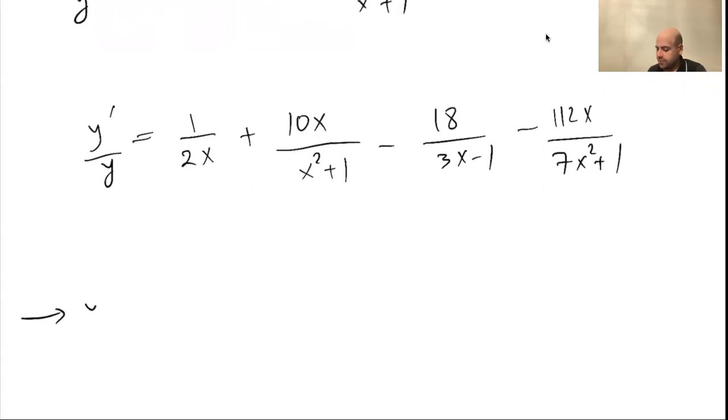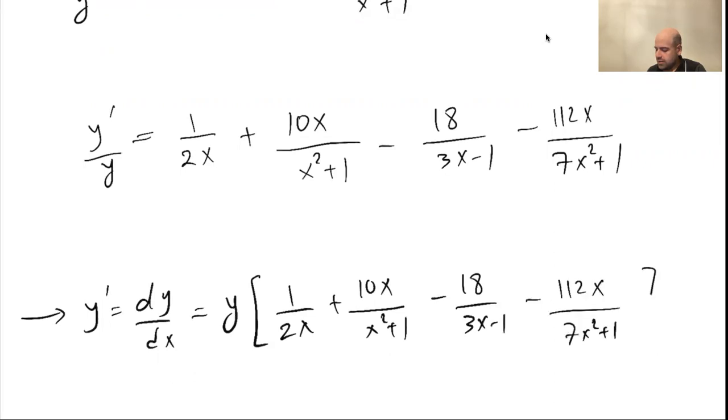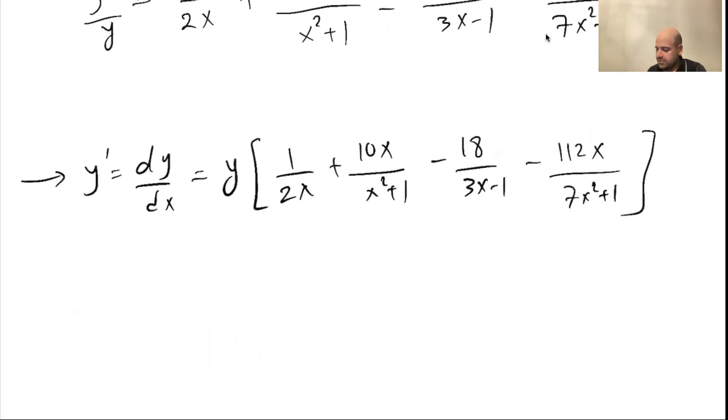So y prime, dy over dx, equals y times this expression: 1 over 2x plus 10x over x squared plus 1 minus 18 over 3x minus 1 minus 112x over 7x squared plus 1. And we also know what y is, right?